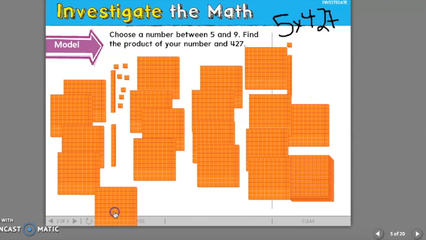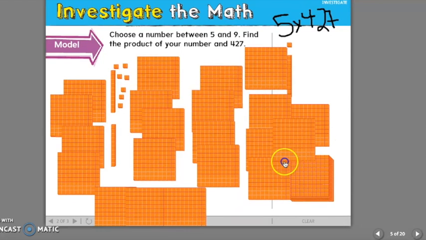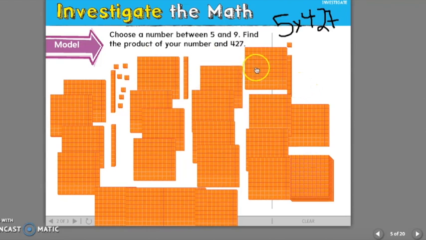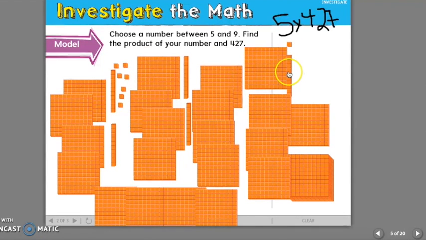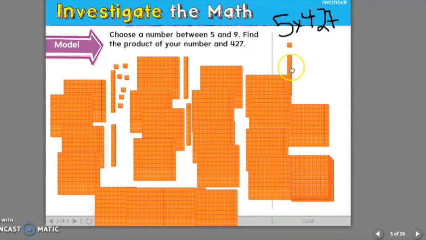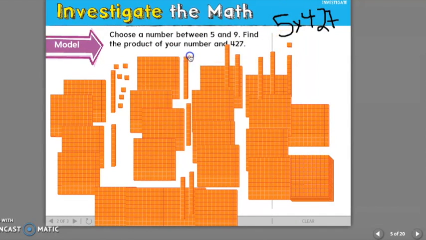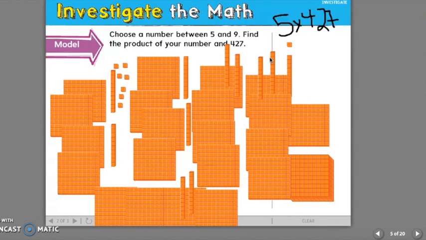And I guess I'll have to go down to the bottom. And then I need 7 ones on each group. So I'm going to have 7 ones on each.